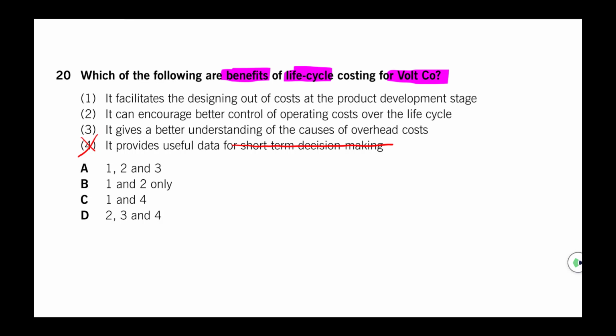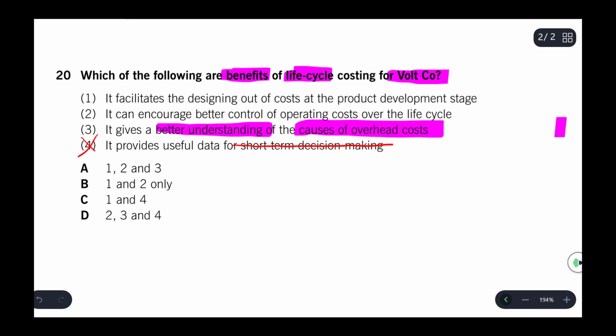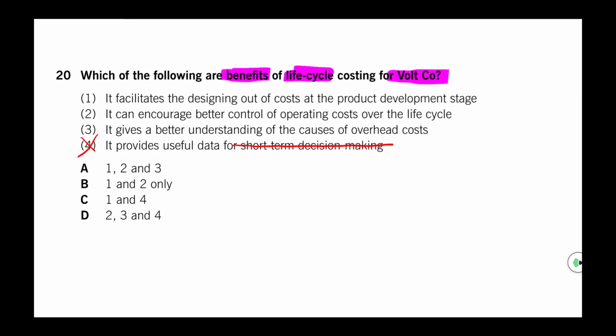Now, I'm going to jump to statement 3 because that's jumping out at me again as wrong. It gives a better understanding of the causes of overhead costs. Guys, if we are looking at overhead analysis, we're looking at the evolution of absorption costing, which is activity-based costing. So they borrowed benefits of different costing approaches.